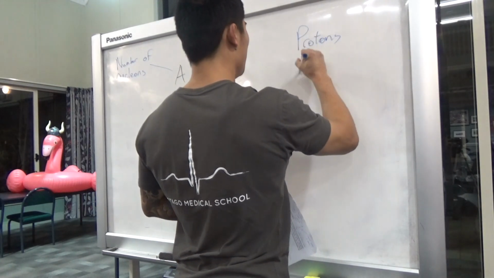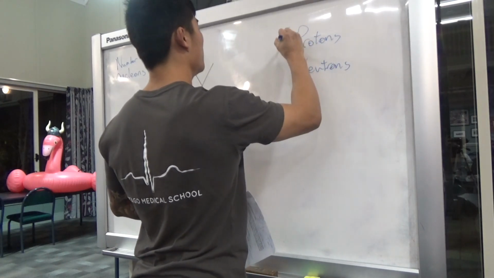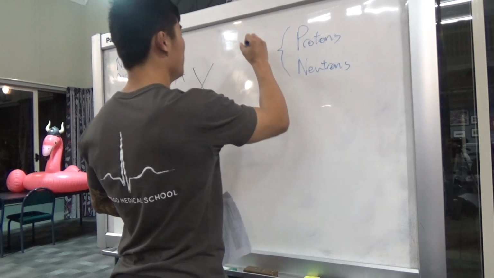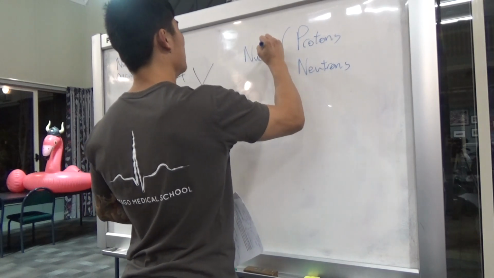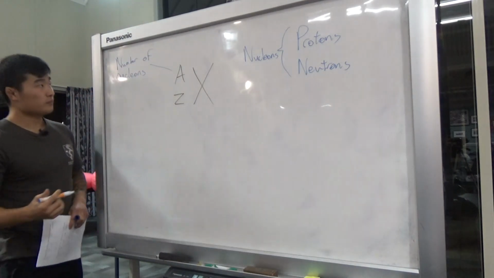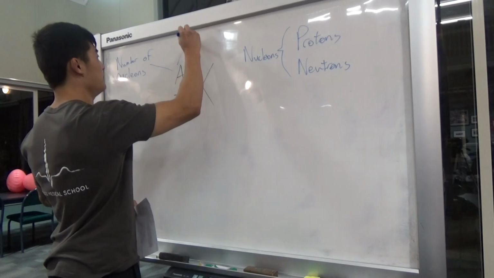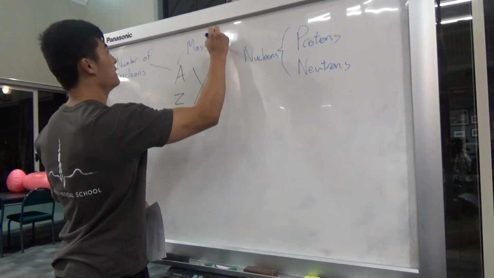You have protons and you have neutrons, and both of these are what we call nucleons. So this is the mass number.